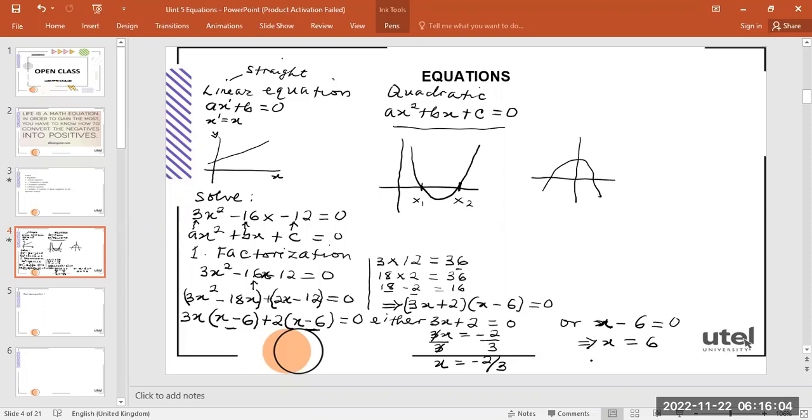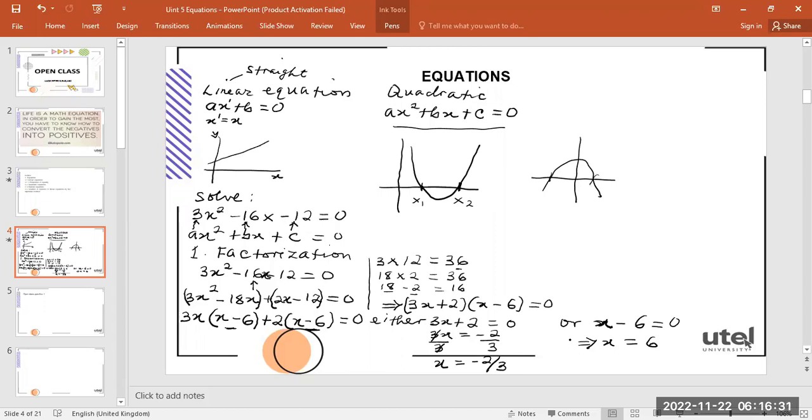Now, these are the solutions to this equation, because just like I told you, if you are solving a quadratic equation using the graphical method, as you can see here, this curve is going to cut the x-axis at 2 distinct points. So a quadratic equation will always have 2 solutions, at this point and at this point, or at this point and at this point. So these 2 values satisfy our equation.